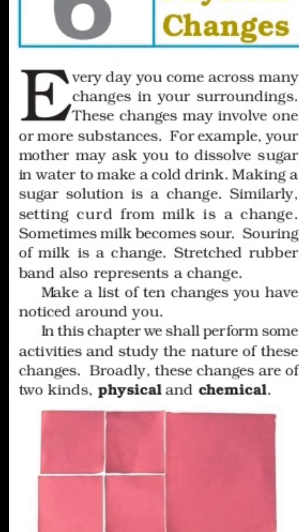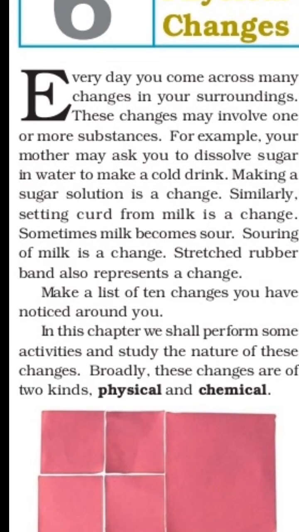Make a list of 10 changes you have noticed around you. Prepare a chart in your notebook, and in the first column write the changes and in the next column physical change and chemical change. After the chapter is completed, you separate them, you bifurcate them into physical change and chemical change.